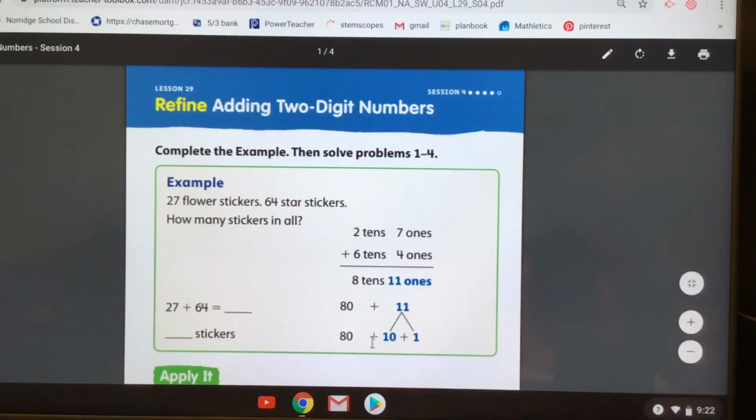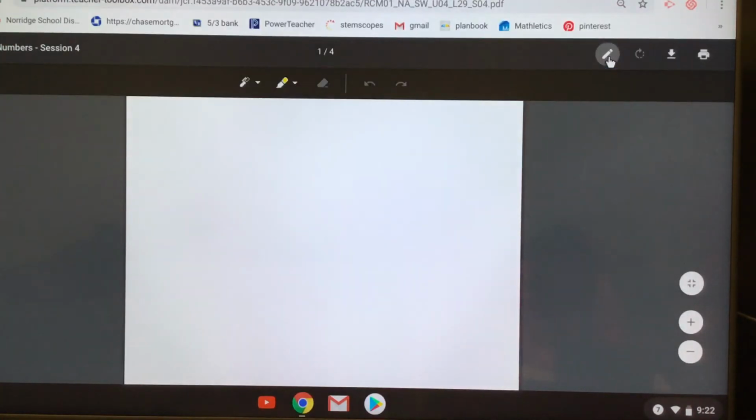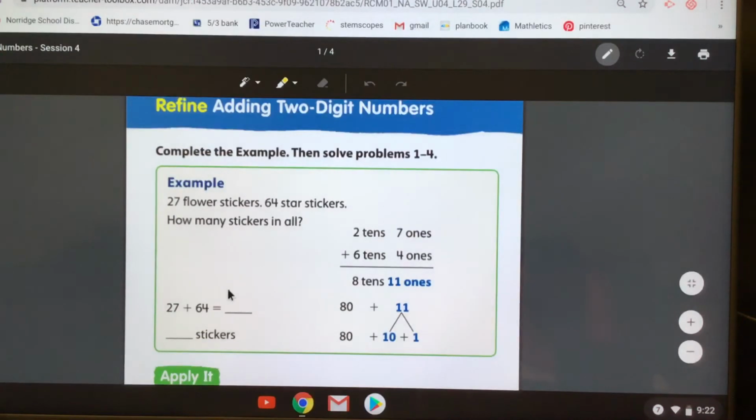So 80 plus 10 is 90. 90 plus 1 more is 91, which is the same as saying 27 plus 64 equals 91. So on the line here, 27 plus 64 equals 91.